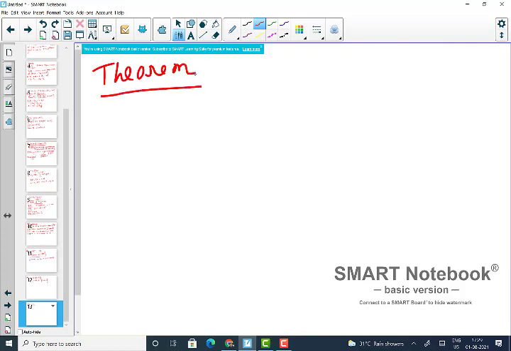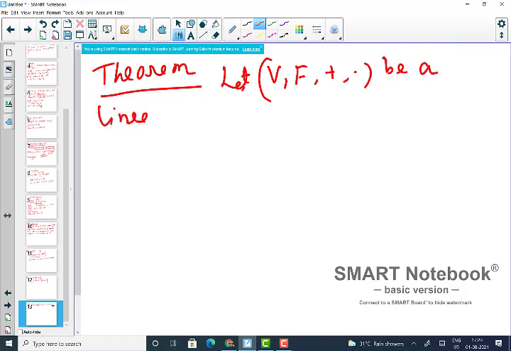You have V over F, and this is a vector space, a linear space, meaning a space over F. You want to check whether W, a subset of V, is a subspace or not.